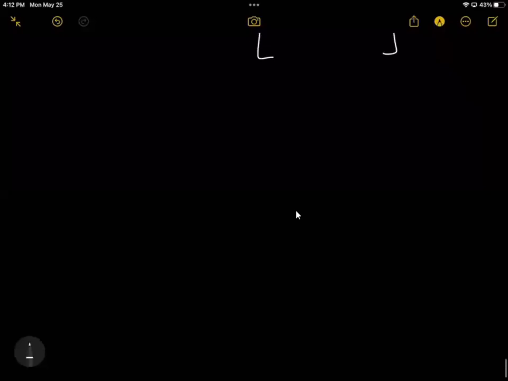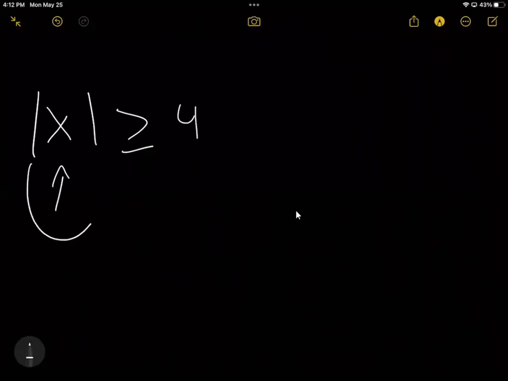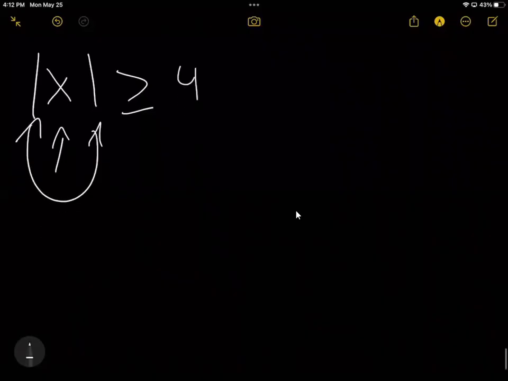All right. And if you had an example where this has to be greater than or equal to 4, that means this value in here, when the absolute value signs are activated, must be greater than or equal to 4.